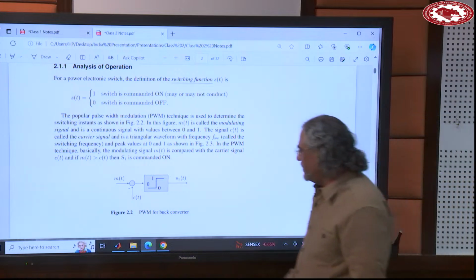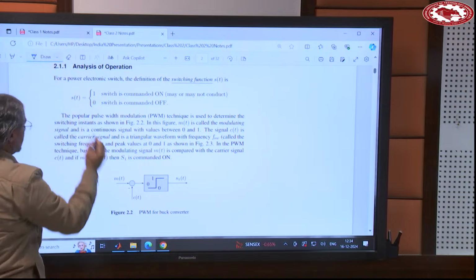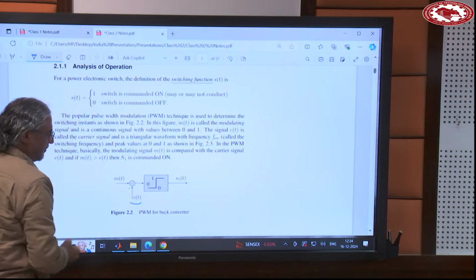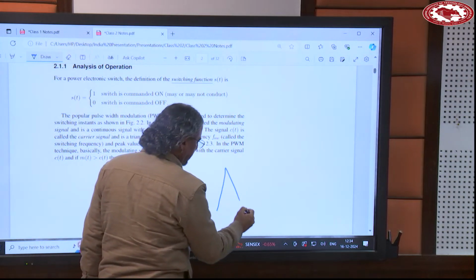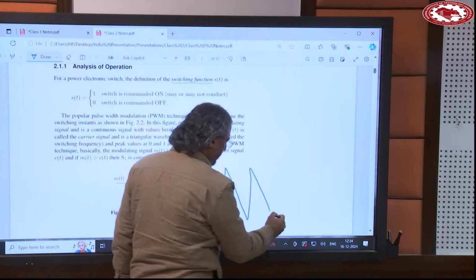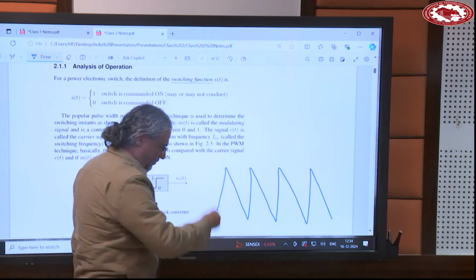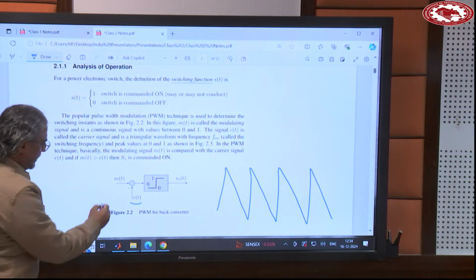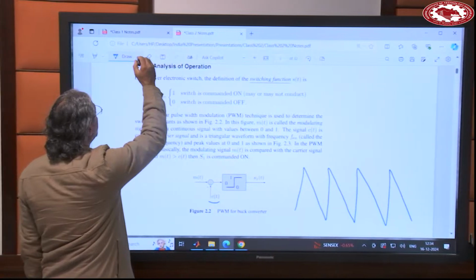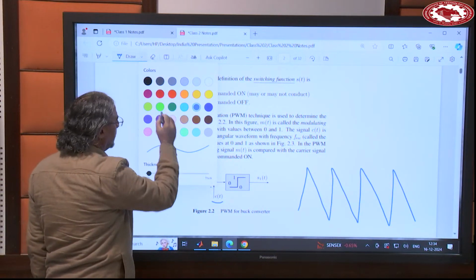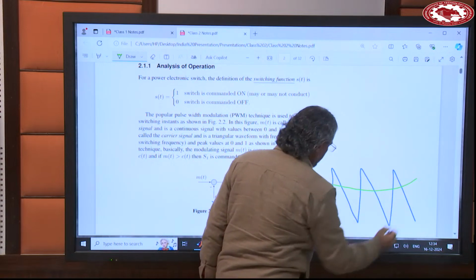So the way that it works, basically, it has a signal here, we call it carrier waveform. It's typically a triangular waveform with high frequency like that. And then we have a low frequency signal, the modulation waveform. So let's say this one. So low frequency.